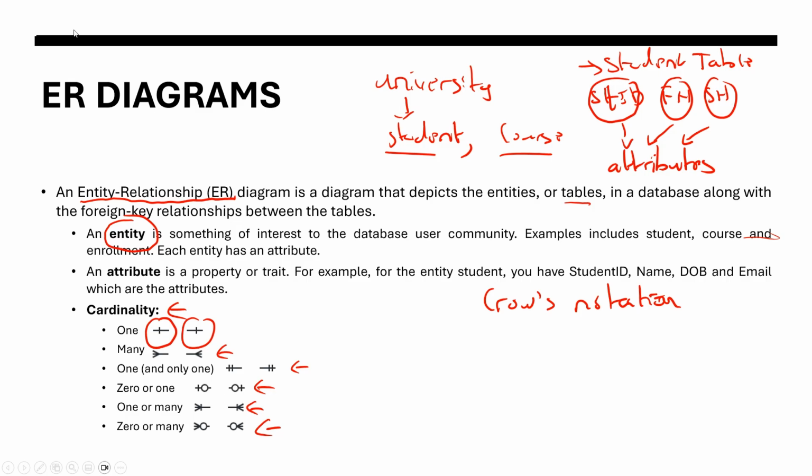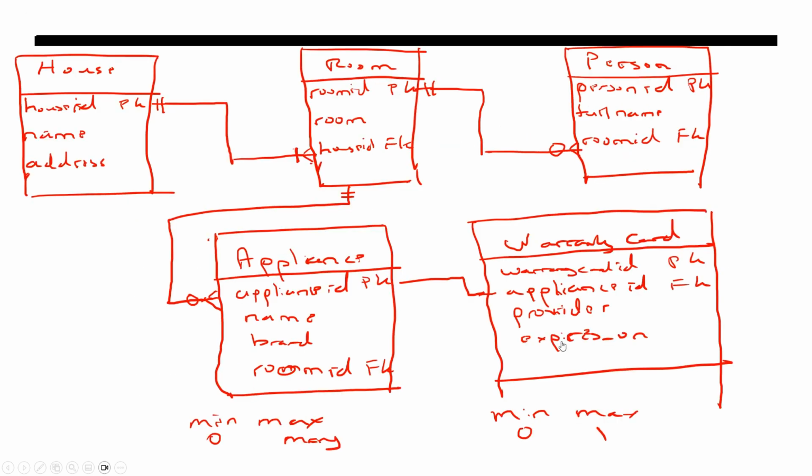So, let's get back to this. You have this notation of 0, let me just make it a little bit easier. So, the cardinality is 0, 1.